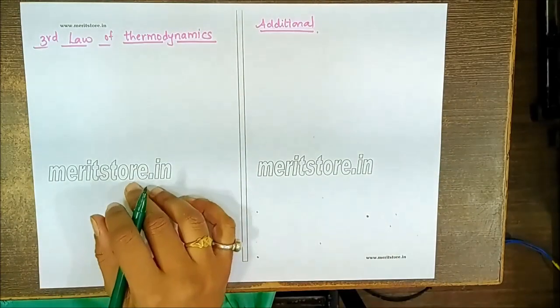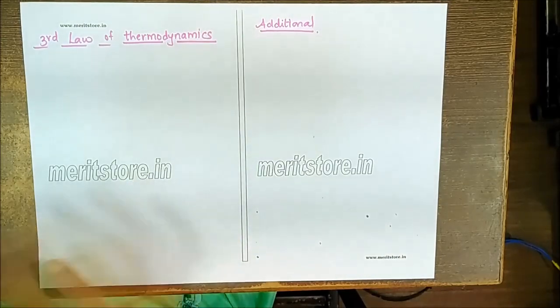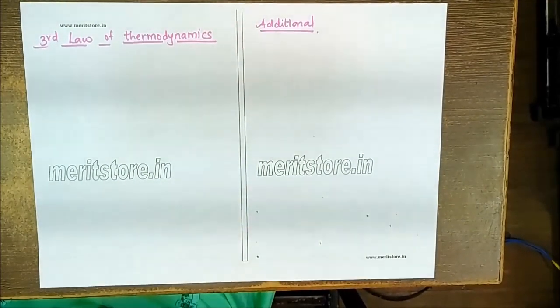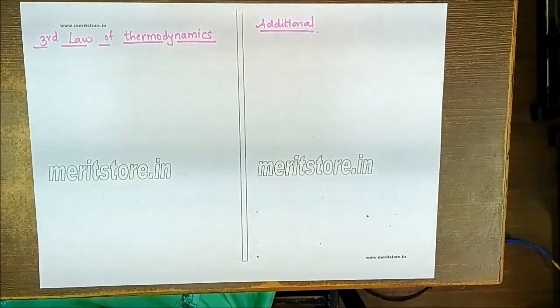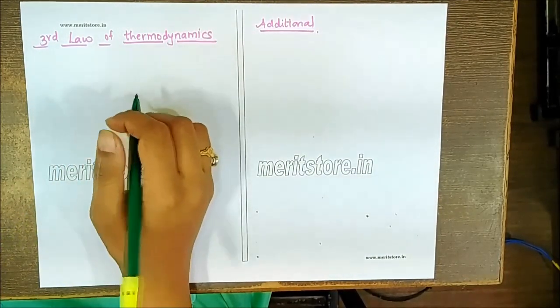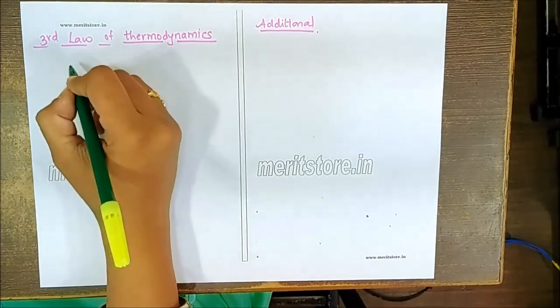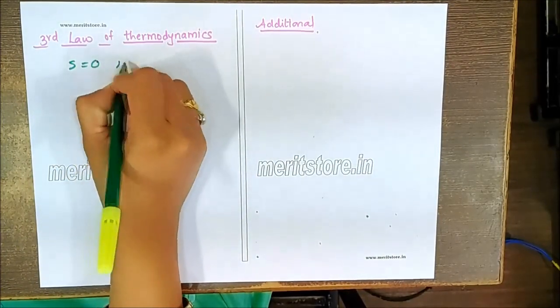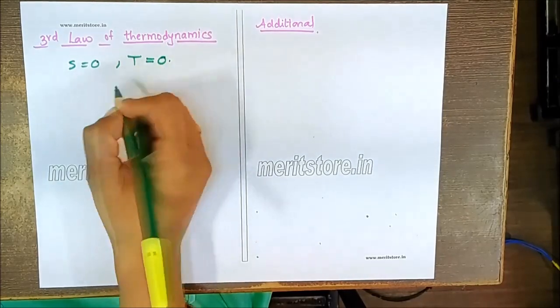Now the last additional points, and some on the third law of thermodynamics. The third law of thermodynamics deals with the entropy of a perfectly ordered crystalline substance, which is always found to be 0. That is, S is equal to 0 if the absolute temperature is 0 Kelvin.